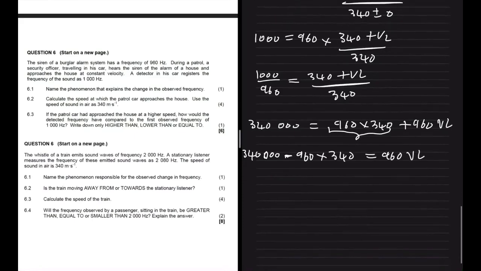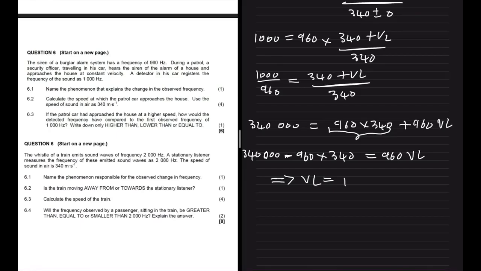I'll divide both sides by 960, so VL equals, let me put that into my calculator, 340,000 minus 960 multiplied by 340, divided by 960.